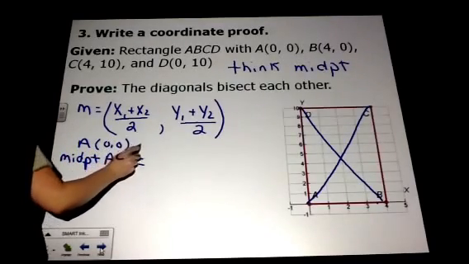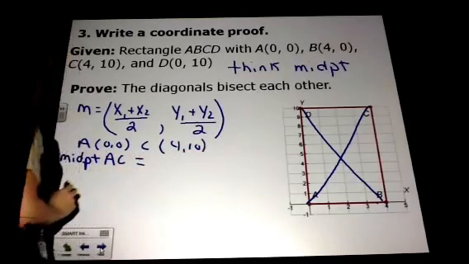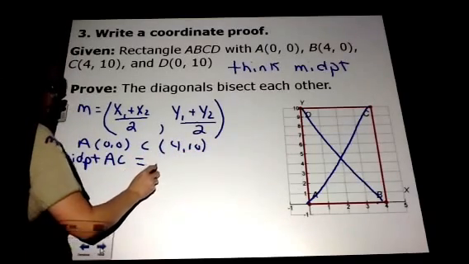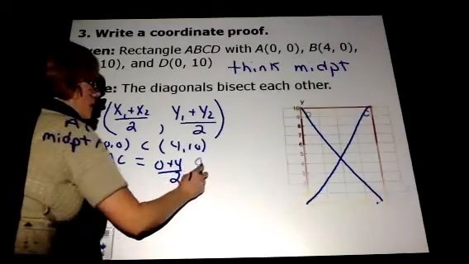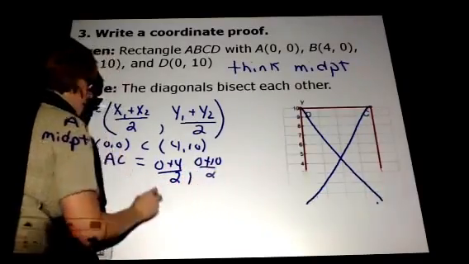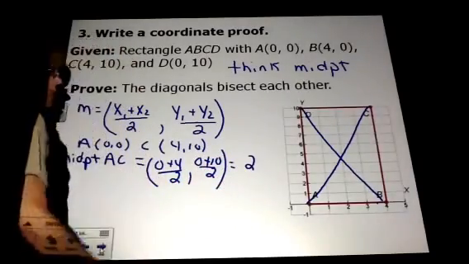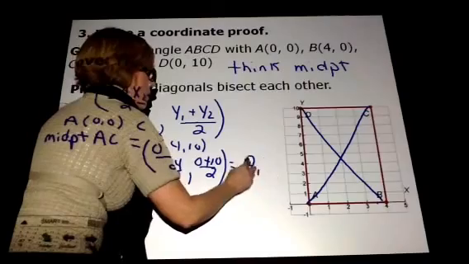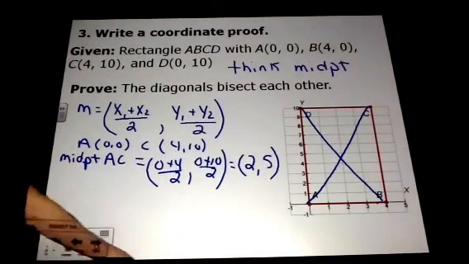We have A, which is 0, 0, and we have C, which is 4, 10. So I'm going to take 0 plus 4 and 0 plus 10, and I get 4 over 2, which is 2. I get 10 over 2, which is 5. So there's the midpoint of AC.